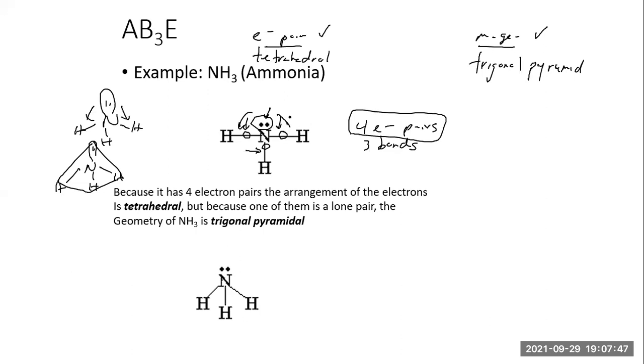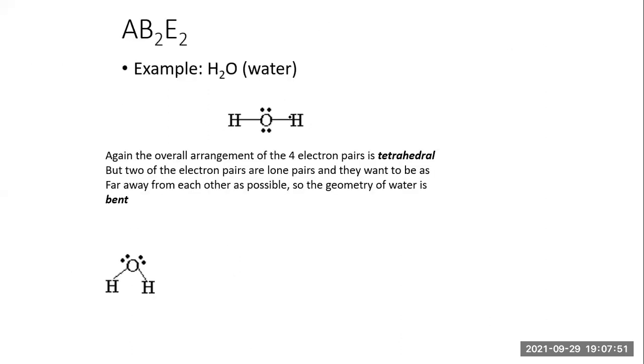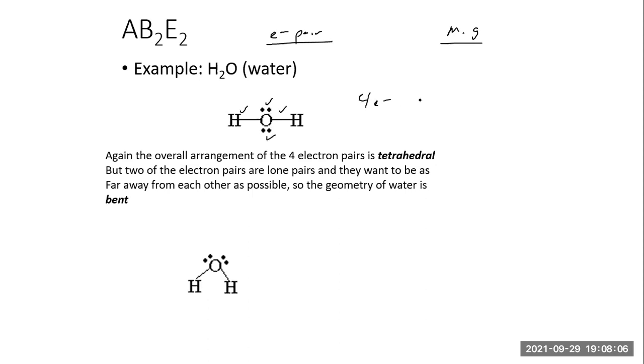The last geometry that you need to know for this class is something like water. In water, we look at our electron pair geometry name and our molecular geometry name. We look at water, it has 1, 2, 3, 4 electron pairs around the central atom. It has 1 and 2 bonds. Again, here with 4 electron pairs, it is tetrahedral as the electron pair geometry.